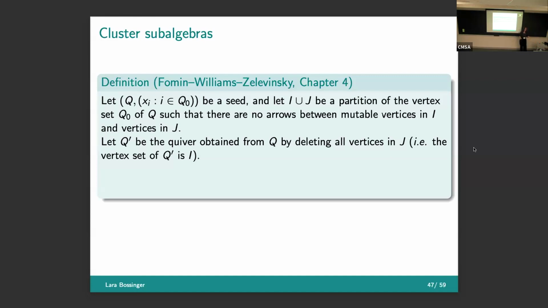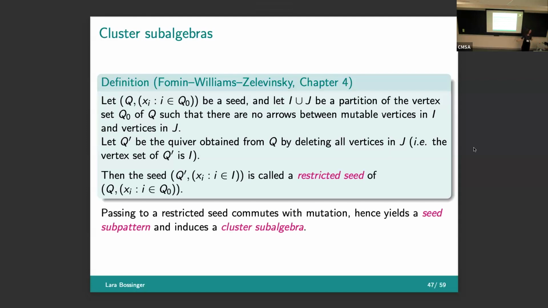And then I choose a subquiver, Q prime, that is obtained from the big one by deleting one of the two vertex sets. So it's a full subquiver, just get rid of some of the vertices. And then I can consider the subquiver with the corresponding collection of cluster variables. And this is called a restricted seed of the big one, right? I'm just getting rid of some of the vertices.